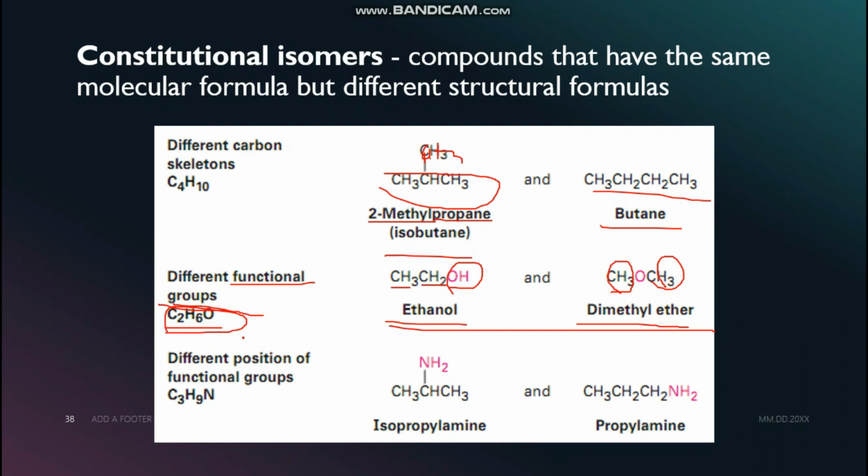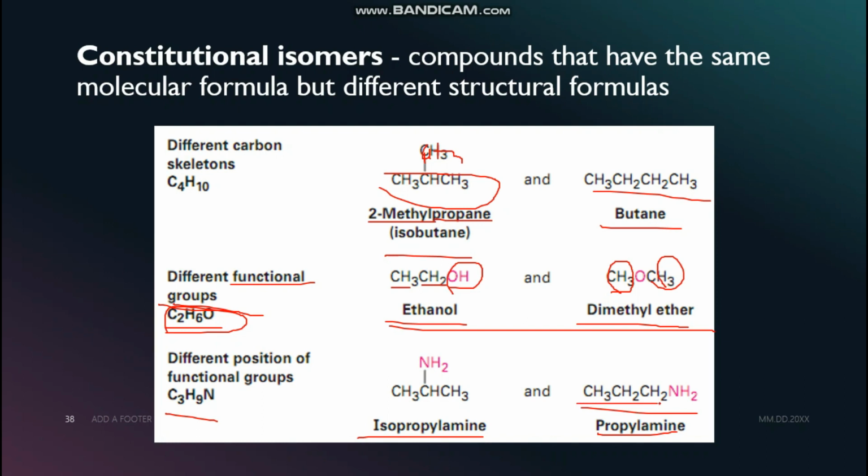Also, constitutional isomerism may also have different positions of functional groups. So, we have here, for example, C3H9N. So we have isopropylamine and propylamine. In propylamine, straight chain amine lang siya.